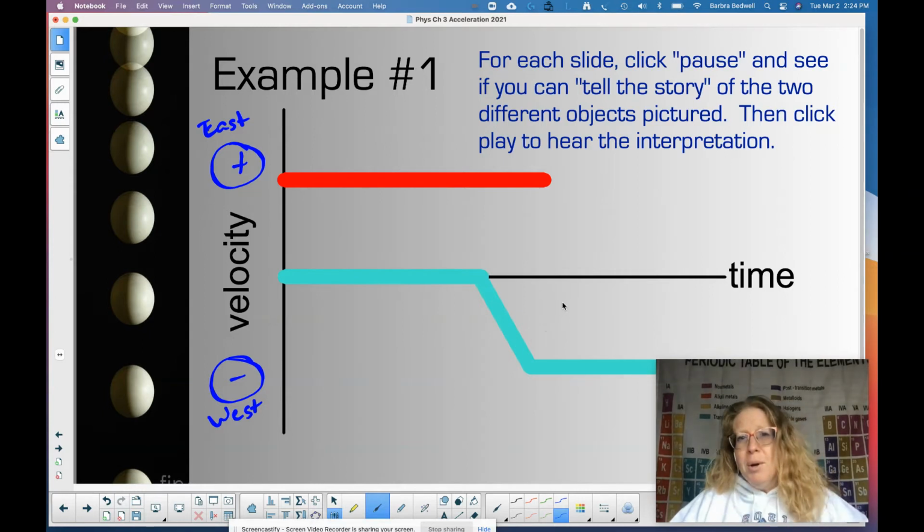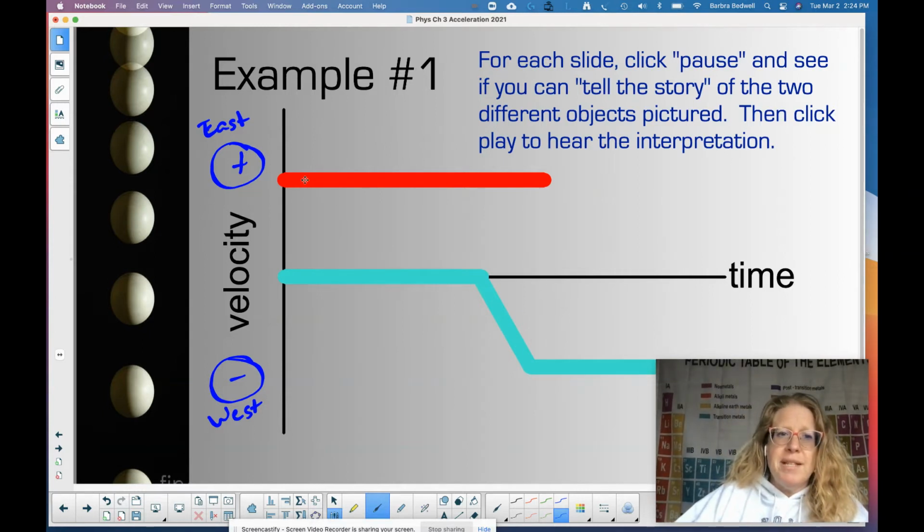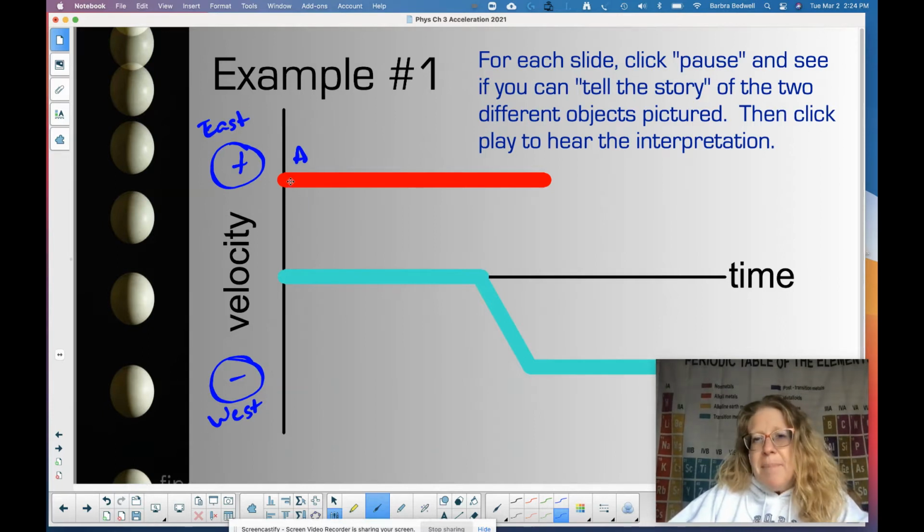All right, with our first one up here, position A or whatever it is, what's happening for this guy? Is he holding still? On a position time graph, we would say he's at position 5 and he's staying at position 5. That's not what this means here. You can put some fake numbers in this if you want to. This means its velocity is positive 5, and then positive 5, and then positive 5, and so on.